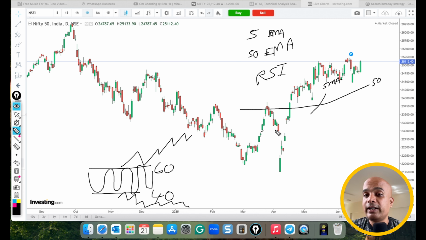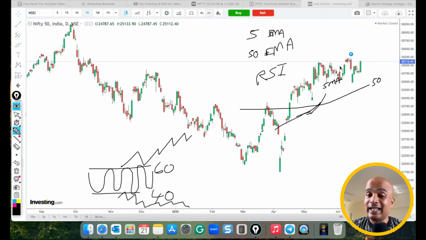Whenever it does this, it indicates that 50 period activity is going on, but the 5 period EMA is breaking above the 50 EMA, which means in the short term, in the last 5 days, something bullish happened, and there is a higher probability of price continuing in that direction.